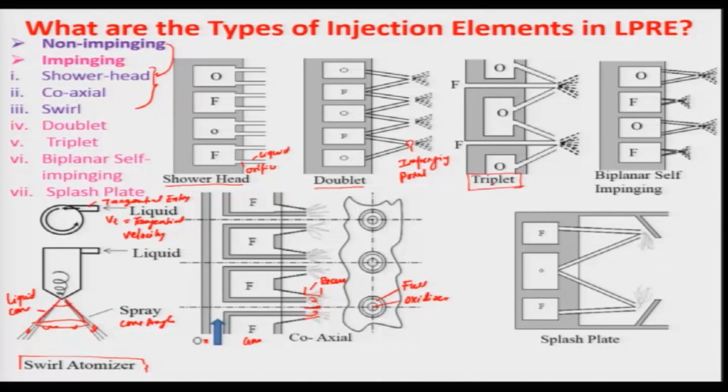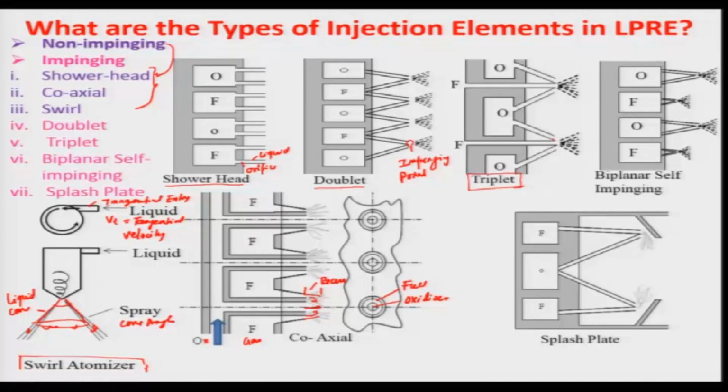In a triplet, the fuel comes in at the center and the oxidizer comes in at the periphery and impinges. So, fuel is always entering here, and it does not matter whether it is impinging nearby or not, and one can avoid the problem. The problem will be a little severe if the impinging point is very lopsided.